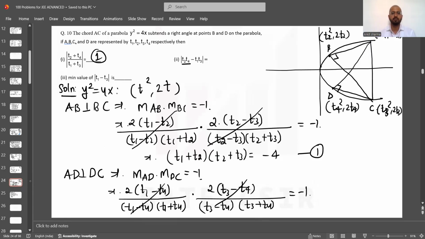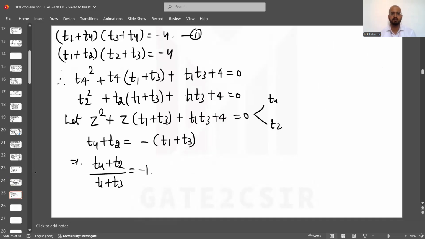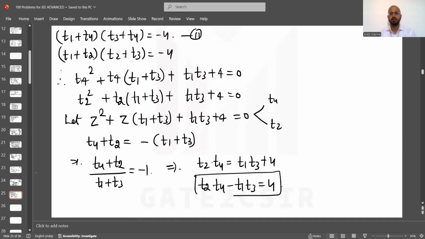And if you see here t2, t4, it's the product. From here we can also write down t2 into t4 will be equal to the product, which is t1 t3 plus 4, which means t2 t4 minus t1 t3 is equal to 4. So this also we have got.